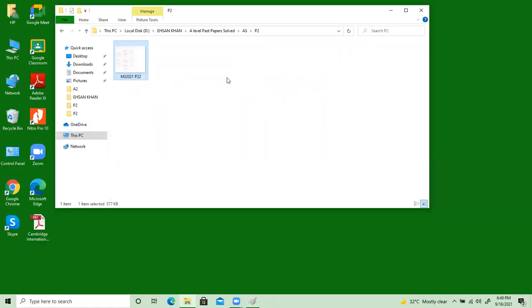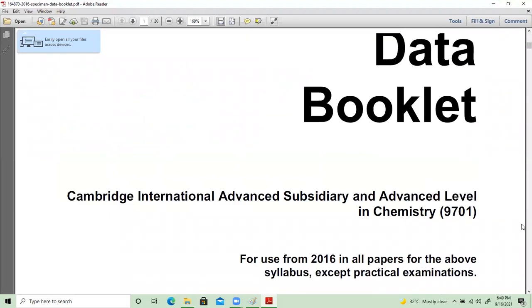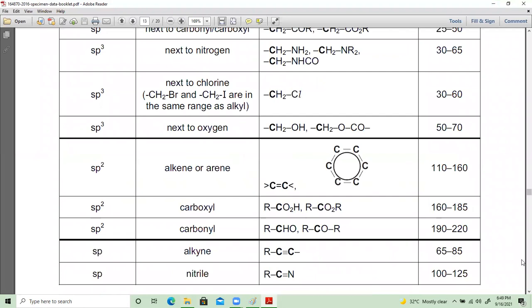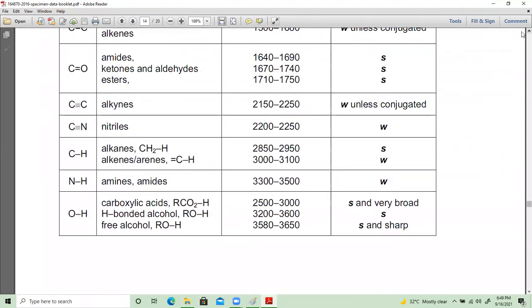I'm sharing with you a copy of the data booklet where you can see the wave numbers that are associated with the different functional groups. We saw that in that compound, it was the nitrile group. And we see what?